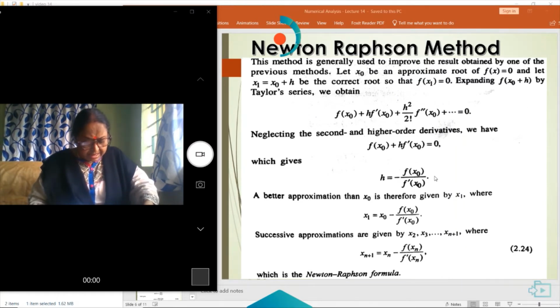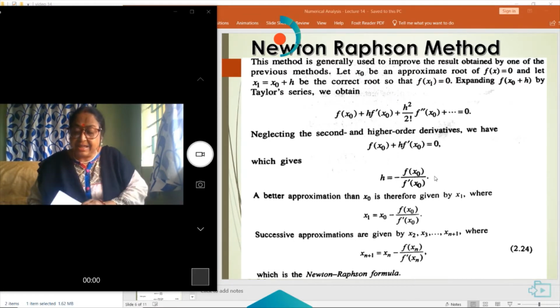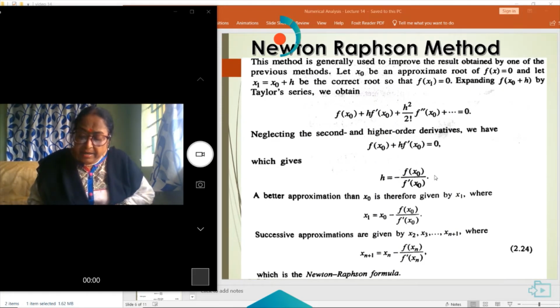From this, we get h is equal to minus fx0 by f dash x0. A better approximation than x0 is given by x1 is equal to x0 minus fx0 by f dash x0. Similarly, xn plus 1 can be written as xn minus fxn divided by f dash xn.